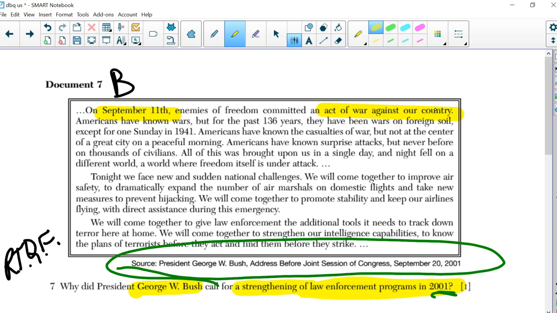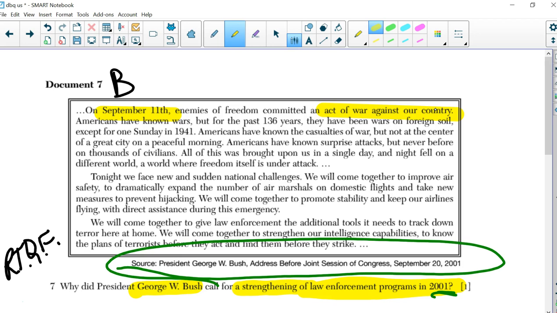Americans have known the casualties of war, but not at the center of a great city on a peaceful morning. Think about it. What is he talking about? On September 11th, 9/11, 2001. Okay, hopefully you're getting New York City. Hopefully you're getting Twin Towers. Okay, you need to think about this stuff as you're reading.